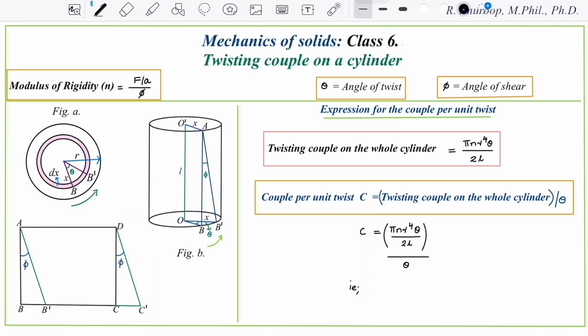We represent the couple per unit twist by the letter C, so C is equal to pi N r raised to 4 by 2L. Here C is also called the torsional rigidity.